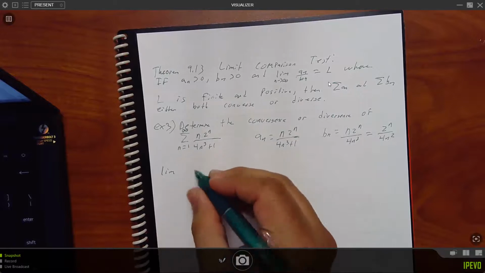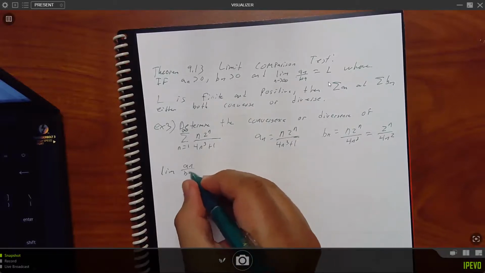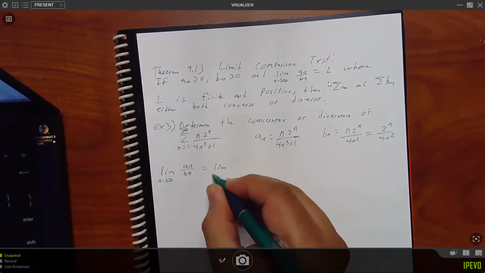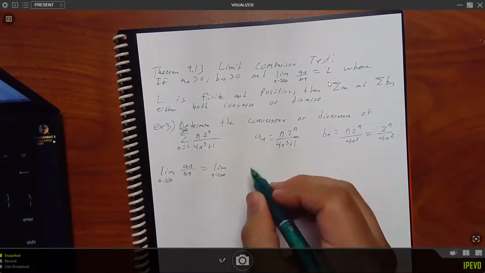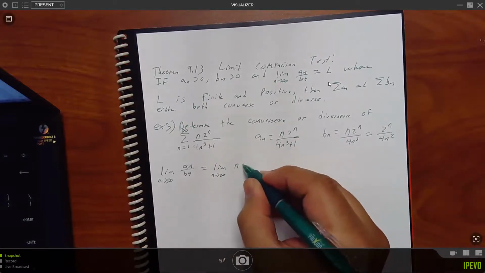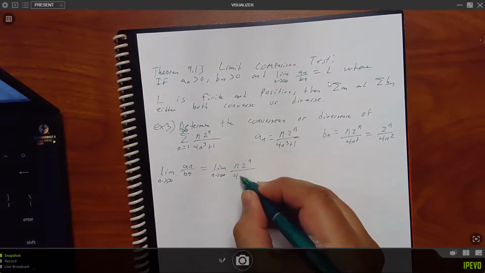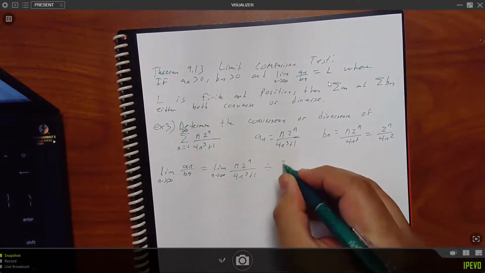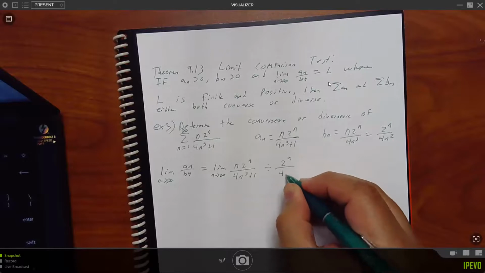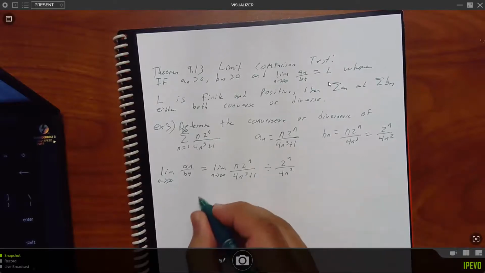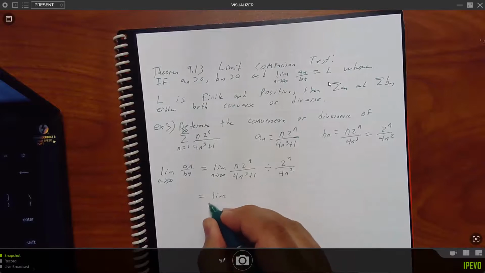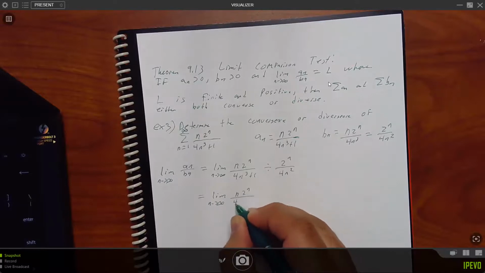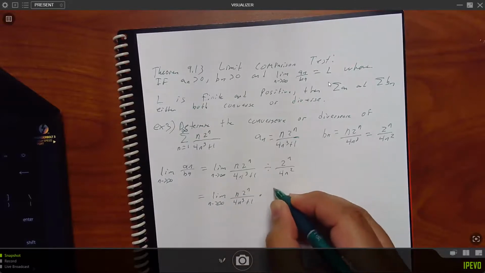The limit of a_n over b_n as n goes to infinity is equal to the limit as n goes to infinity of this guy divided by this one, which is the same as the limit as n goes to infinity of this first thing times this other one.